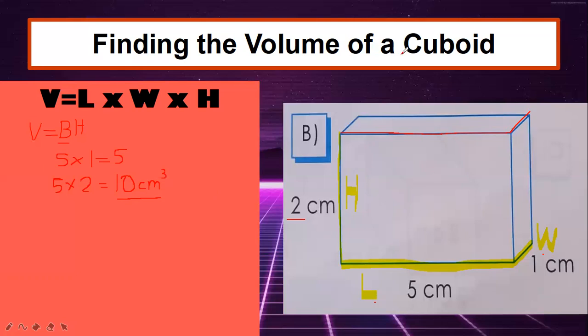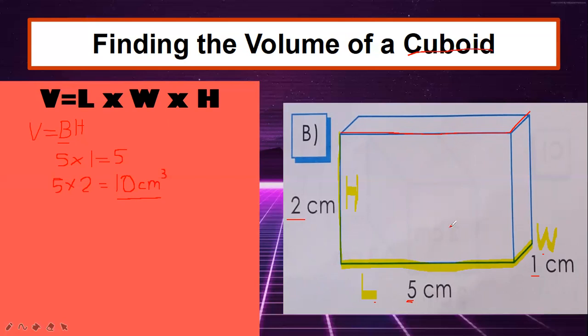Now, notice I called this shape a cuboid instead of a cube. Why? First of all, length is 5 centimeters. The width is 1, and the height is 2. See the difference?